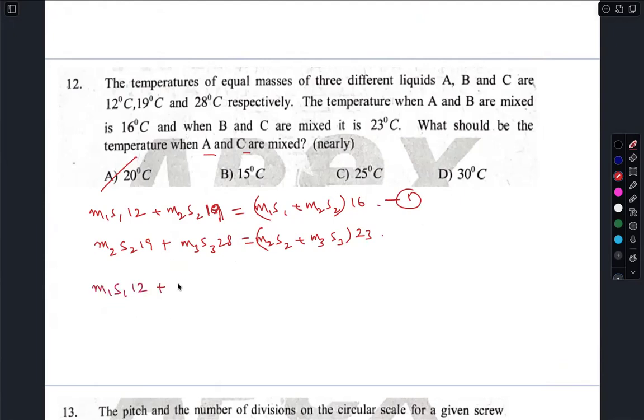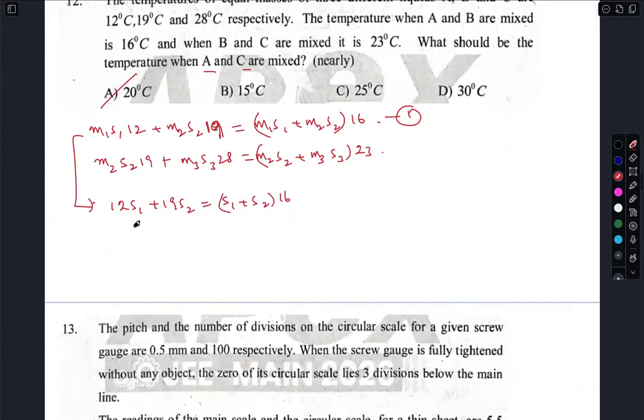M1S1 times 12 plus M2S2, equal masses of three different liquids. Okay, one minute. I need to do some work on this. So 12S1 plus 19S2 is equal to S1 plus S2 times 16.